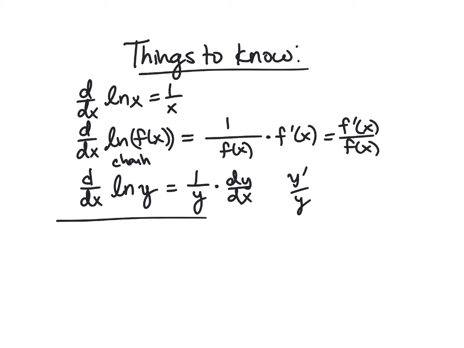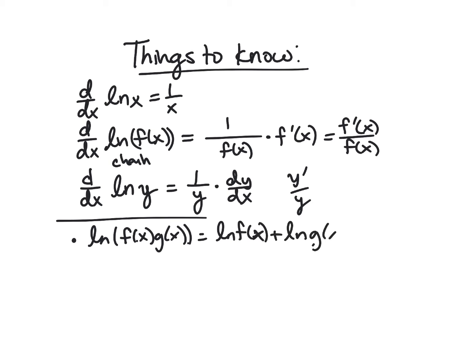And then let's remind ourselves of how log works with multiplication, division, and exponents. The natural log of a product is going to be the sum of those two things, breaking up that product. So it's the natural log of f plus the natural log of g. If you have a quotient inside, a quotient is basically multiplication by 1 over, or to the negative 1 power, and that's going to correspond to subtraction here.